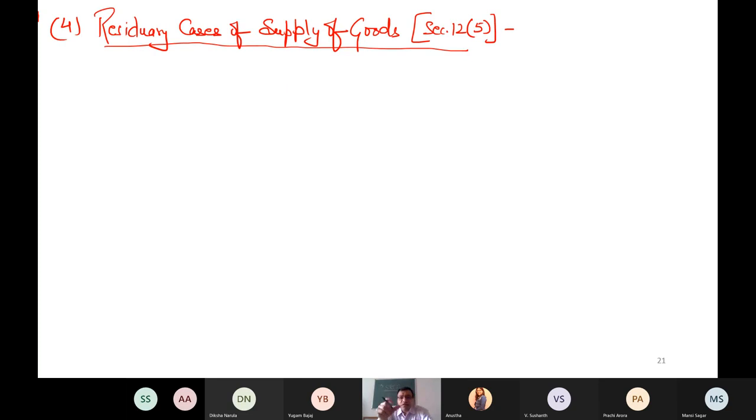Suppose you are that supplier who has to file a return. Now in this case, that means the cases which are not covered above. So what is my first point?